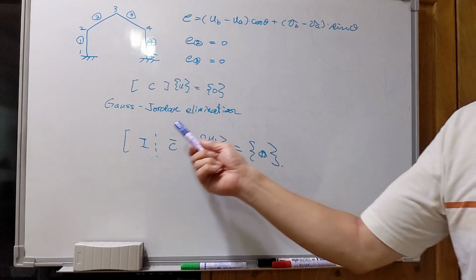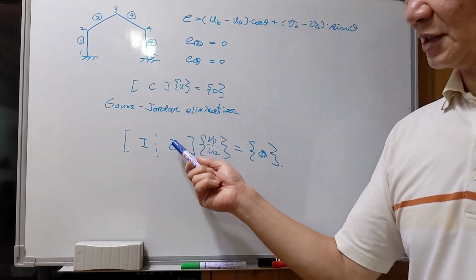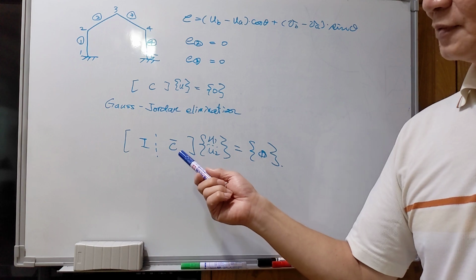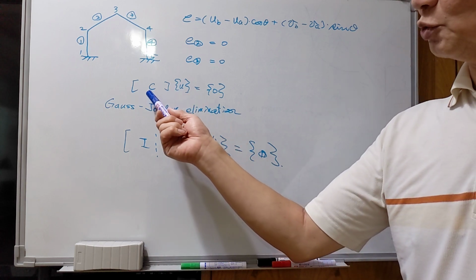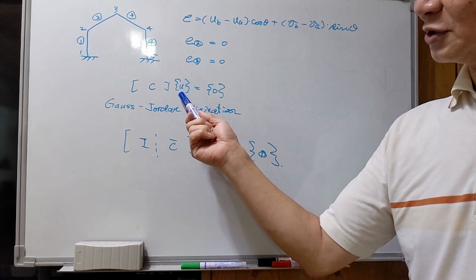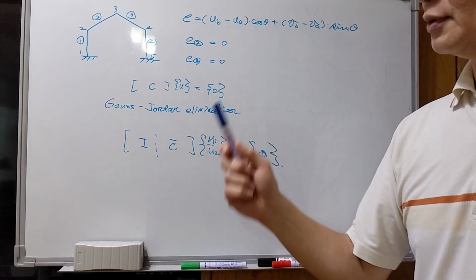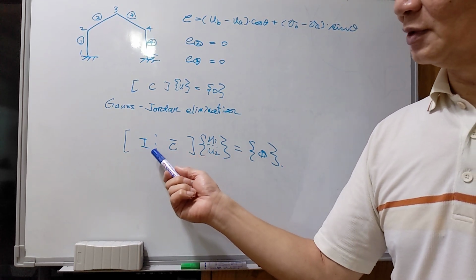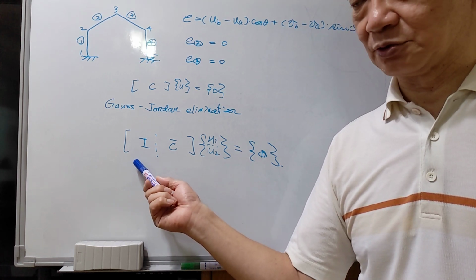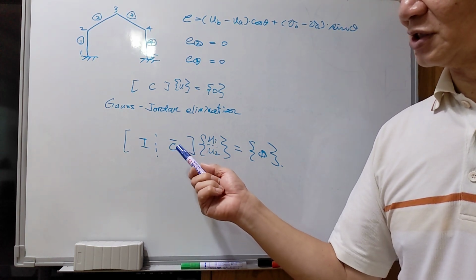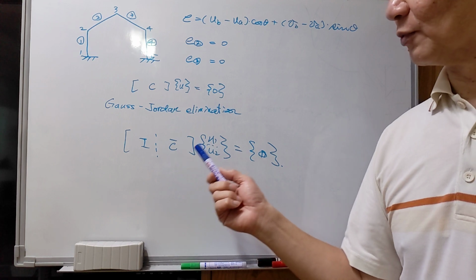And the remaining matrix, let's say that's the C bar matrix. If we use the 2 by 6 matrix, 6 by 1, 2 by 1, then the unit matrix will be a 2 by 2, and the C bar matrix will be a 2 by 4 matrix.